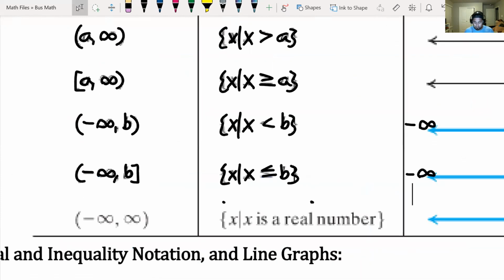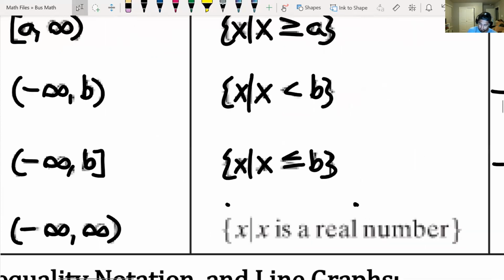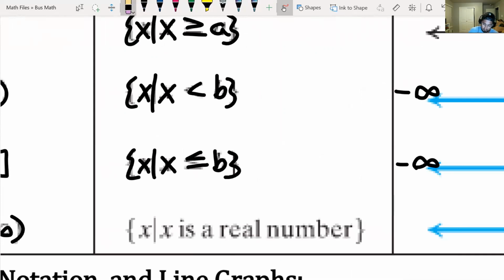All right. And maybe you've seen this notation before, maybe not. Negative infinity to infinity, parentheses only. We never put brackets on infinity because we have no idea what infinity is. All right, and then this says, for all values of x such that x is a real number, meaning x can be any number it wants from negative infinity to infinity.